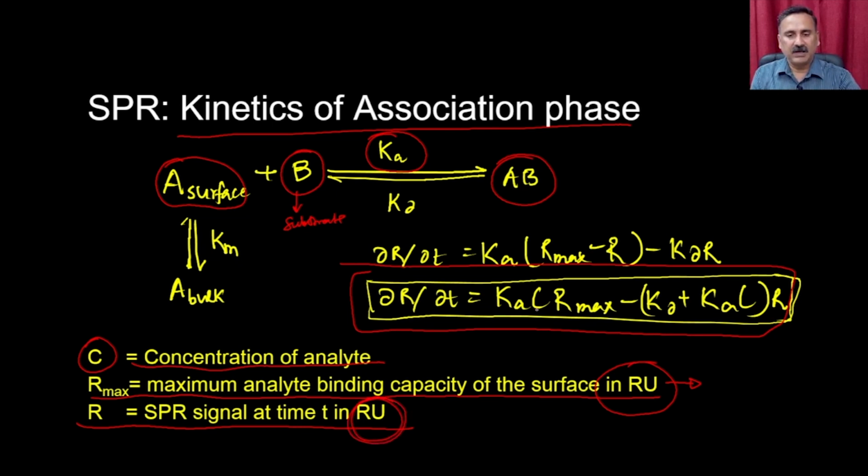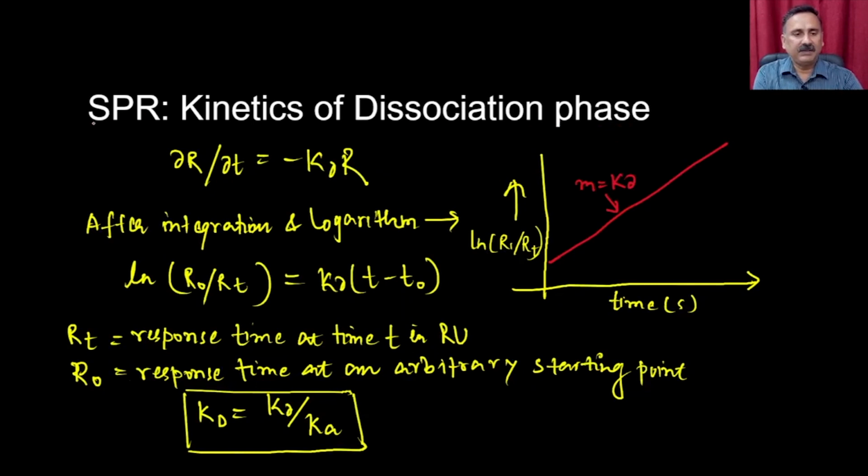All these three you can put into this equation, and that's how it gives you the values for the association kinetics, the association constant and other things. And then we have the kinetics of the dissociation phase.